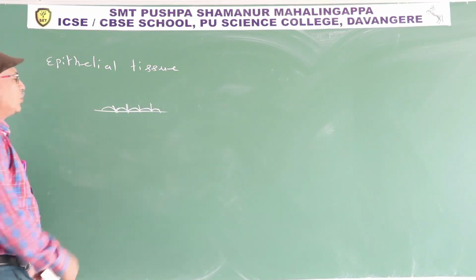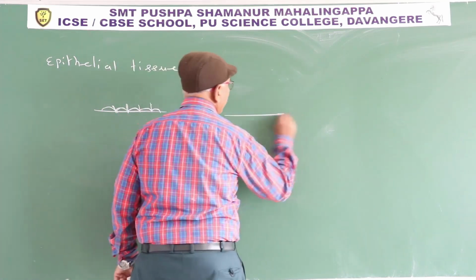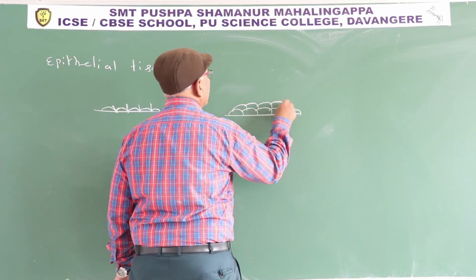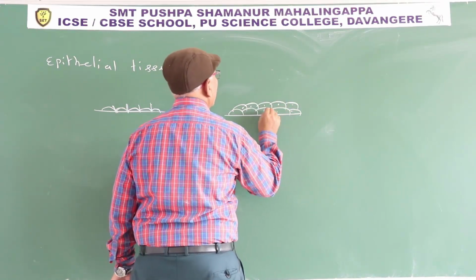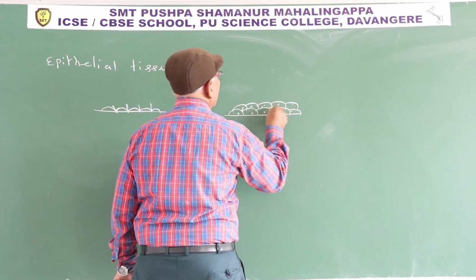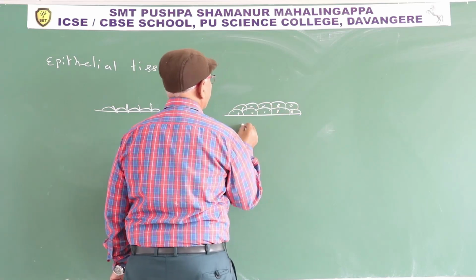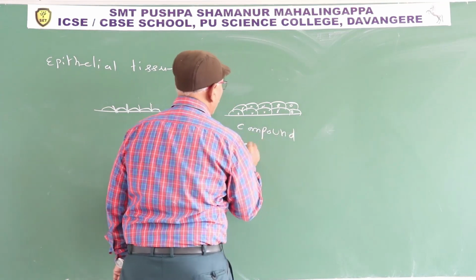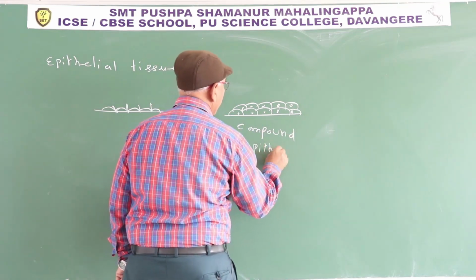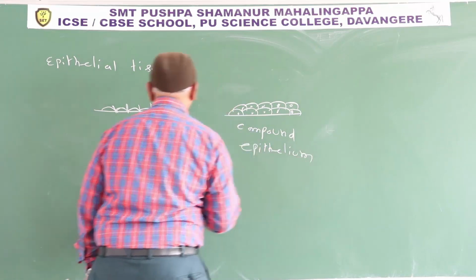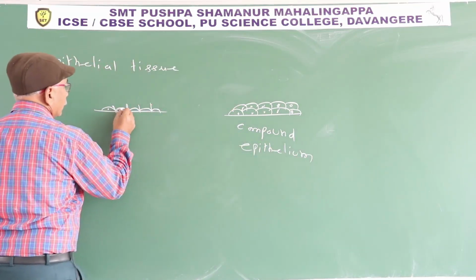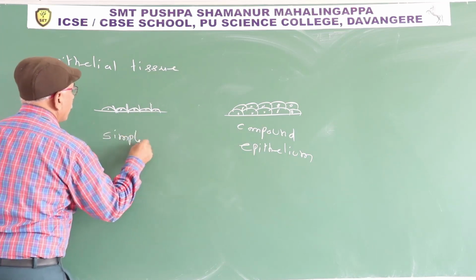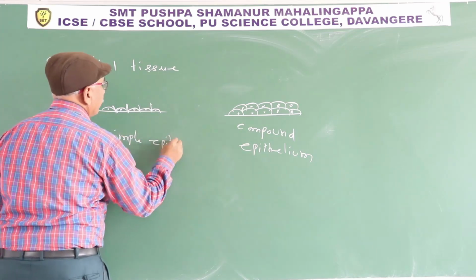Epithelial tissue is of 2 types: simple epithelium, compound epithelium.